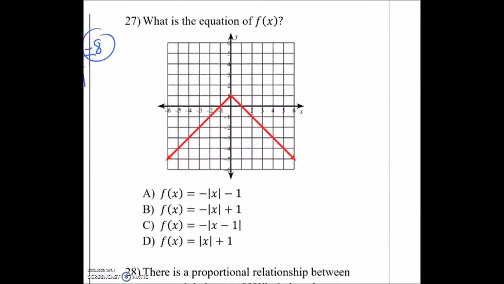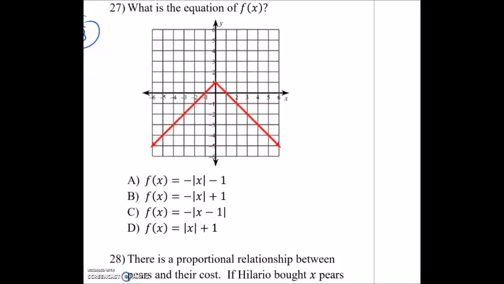So looking at number 27. Looking at this equation, once again, your parent function we covered was this one, looking up. Because it's facing down, we should know it's a negative, so this one's out of the question. Your vertex is where? At 0, 1. Remember, this is still h and this is still k.